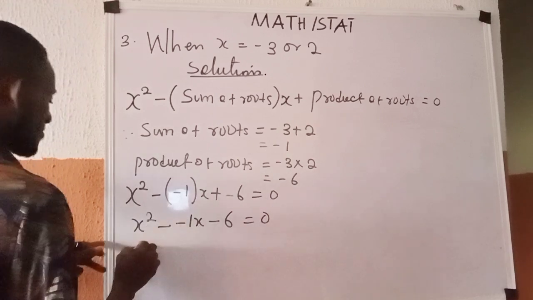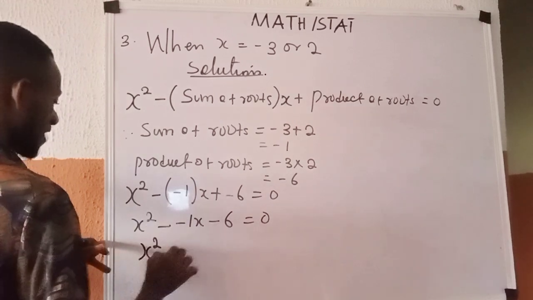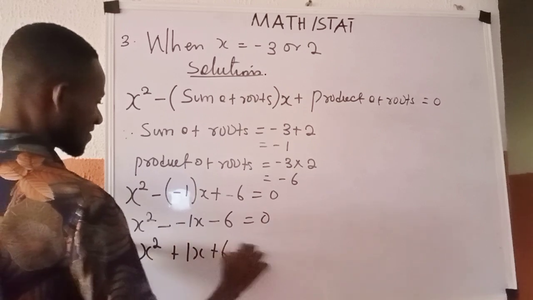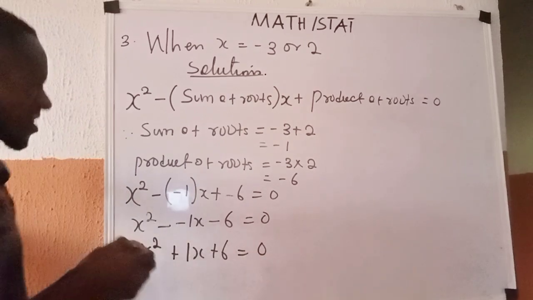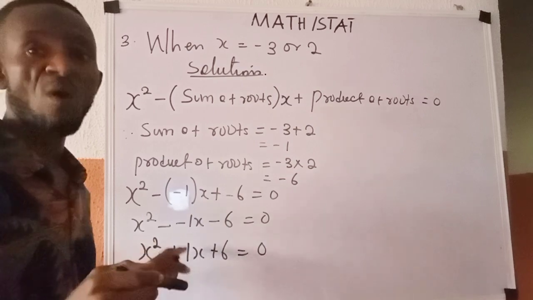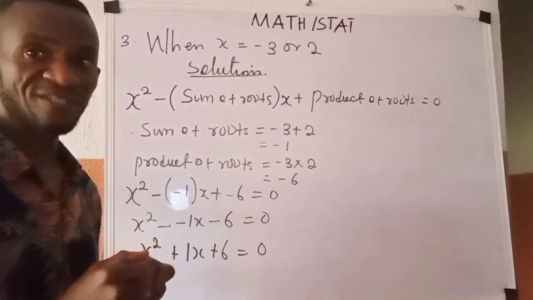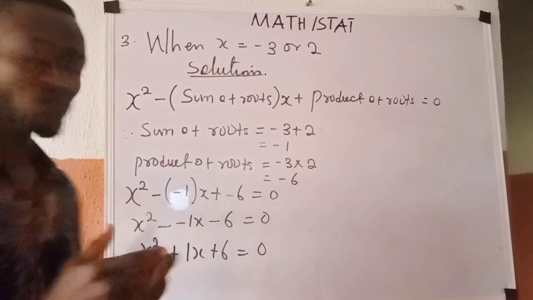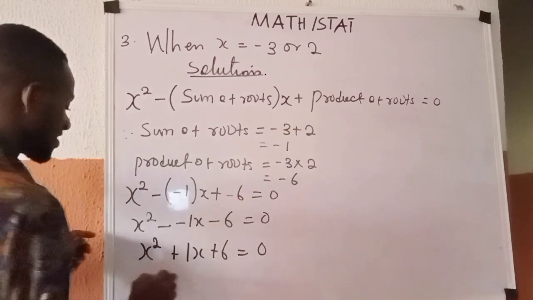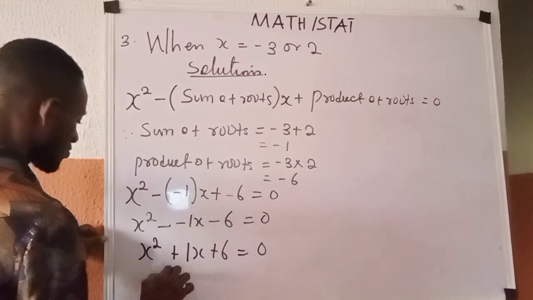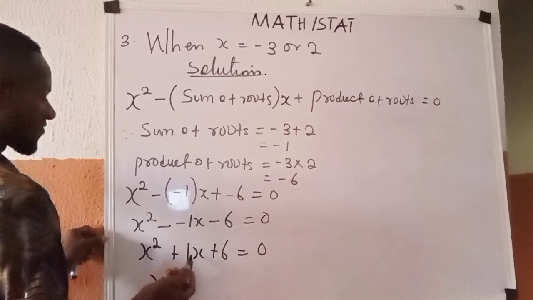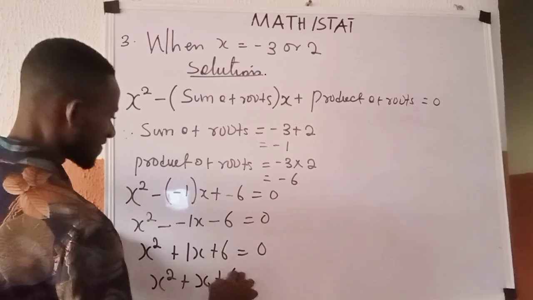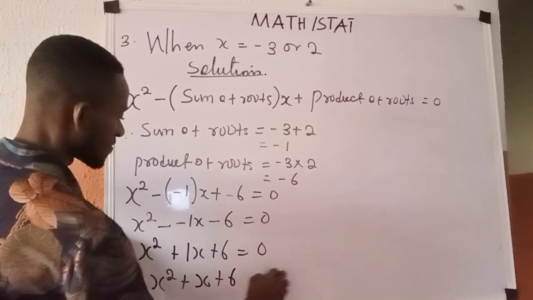So what you have here becomes x raised to power 2 plus 1x plus 6 equals 0. And it is important to note that 1x is the same thing as x in mathematics. In fact, it's the same thing everywhere. So instead of writing 1x, you simply write x. Plus 6 equals 0.